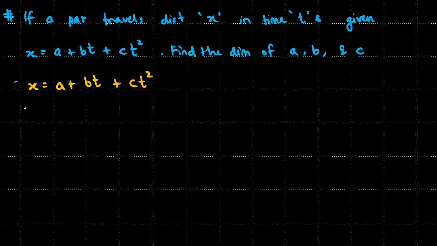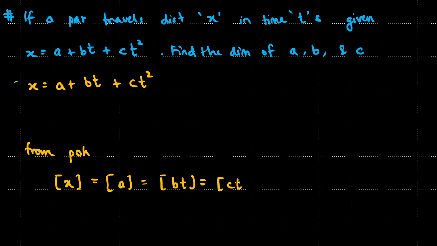From the principle of homogeneity, we can say that the dimension of x, which is L, which we will write later, must equal the dimension of a, which must equal the dimension of bt, which must equal the dimension of ct squared. Because when you're adding things, a is being added to bt as a whole and ct squared as a whole, so if they are going to be added, they must have the same dimension.